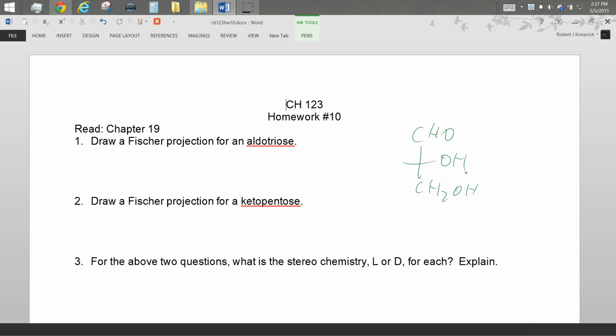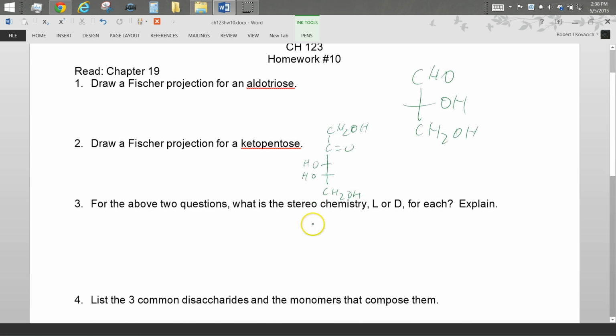D. Okay. Ketopentose. Does that look good for the next one? And this one's an L? Okay.